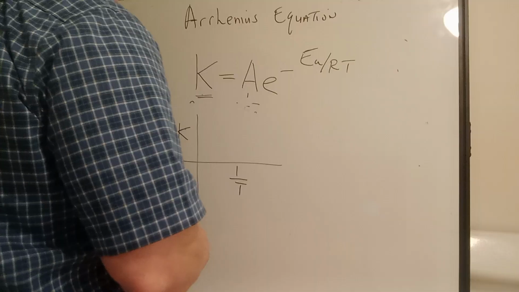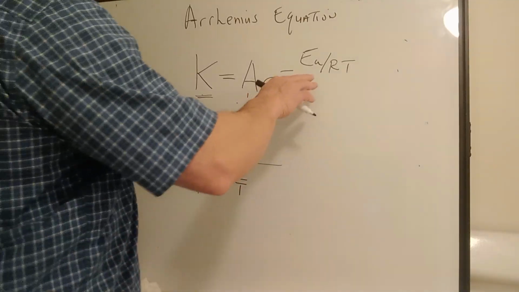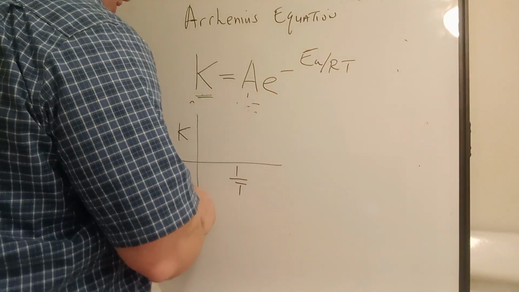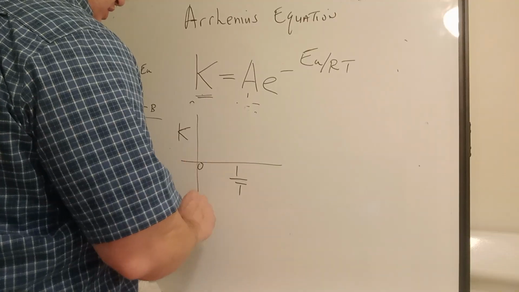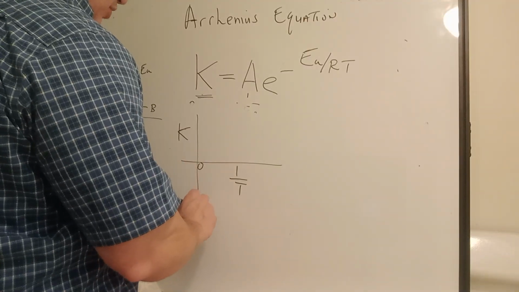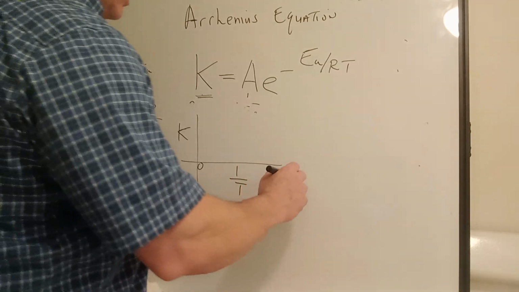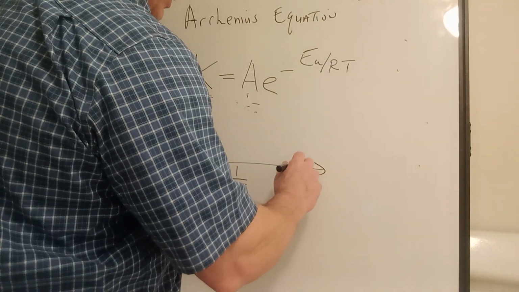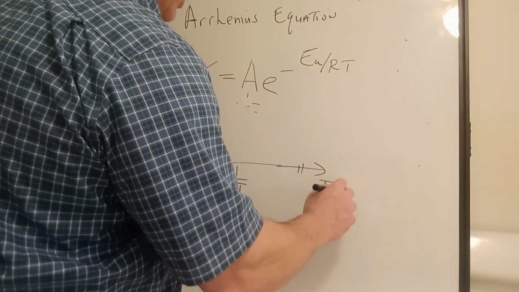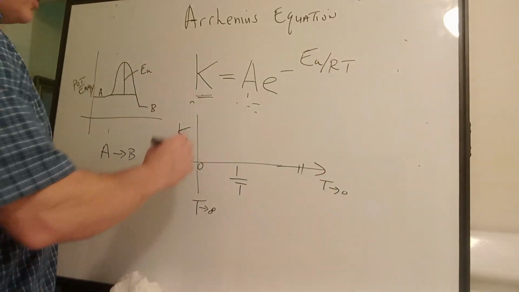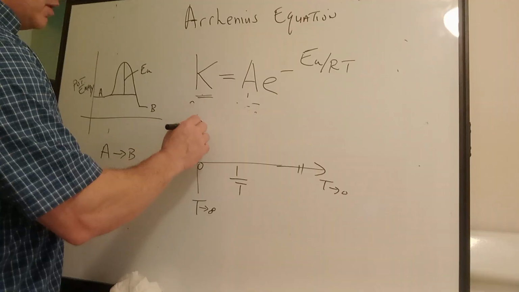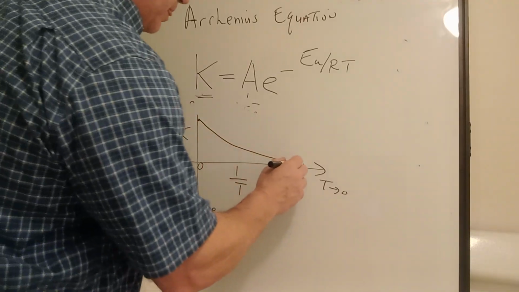The way this would look would be, this is an exponential function here on this end where you have 0. This is where T is going to infinity, and then out here, because this is 1 over T, when you keep going, T is going to 0. The way this is going to look is like that, right?